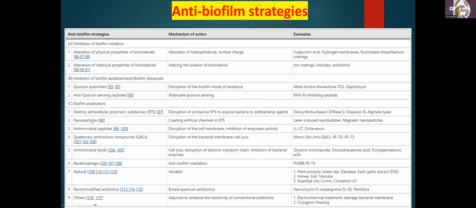There are also new techniques of using nanoparticles on the wound bed, and quaternary ammonium compounds that can be used to clean the wound bed, and cell lysis and disruption. Antimicrobial lipids and bacteriophages are being used outside the US, and newer broad spectrum antibiotic therapy can be instituted diligently, making sure that appropriate infection control techniques are employed.